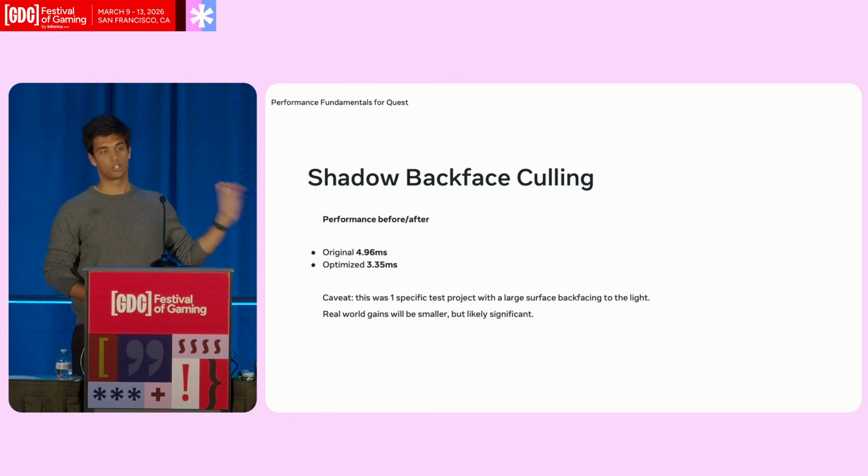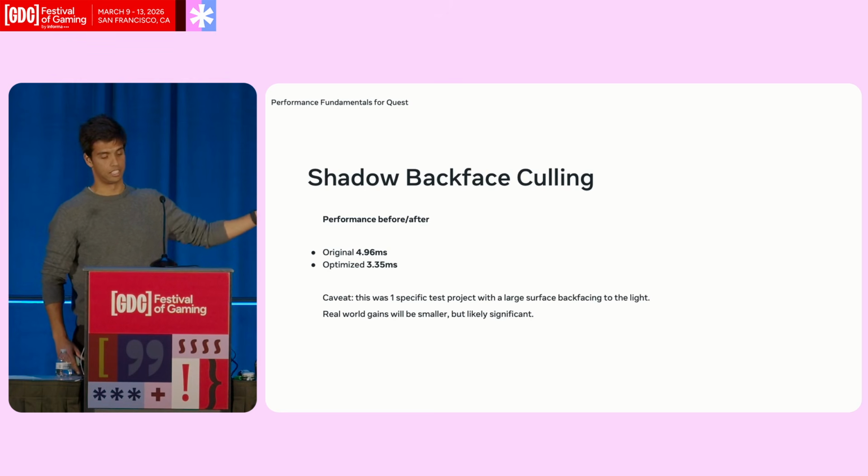We created a contrived sample scene. So, very strong keyword, it was a contrived scene. It does not scale to the average workload of your apps. But in that contrived scene, we created a test project that had one large surface that was heavily back-facing to a given light. So it was a perfect test bed. We wanted to verify that if we had made the shadow optimization properly, that scene would get way accelerated.